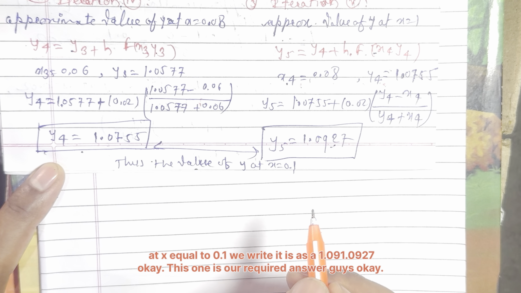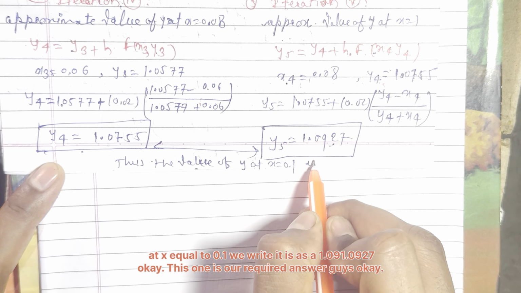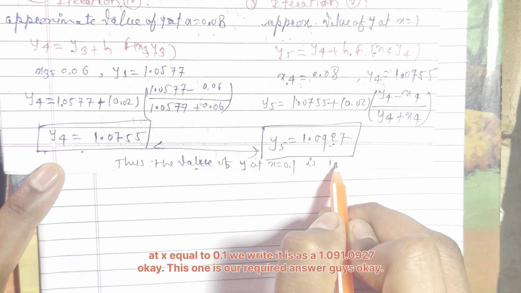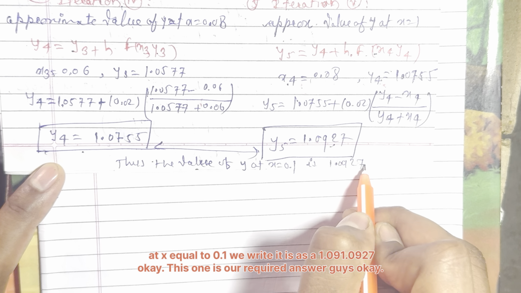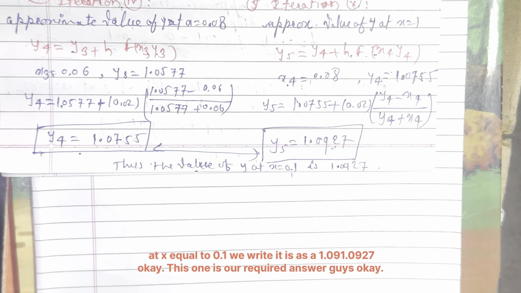Thus the value of y at x equal to 0.1 we write as 1.0927. This one is our required answer, guys.